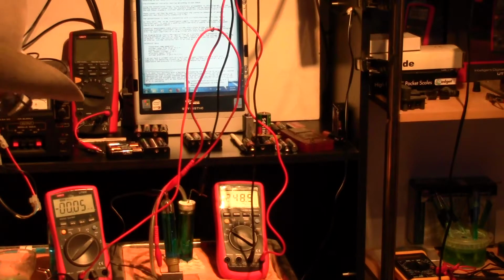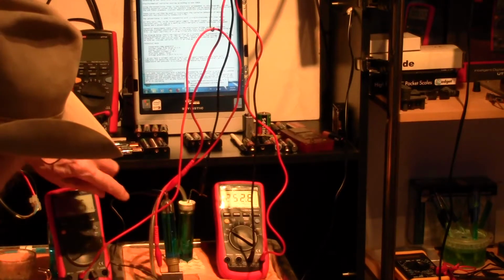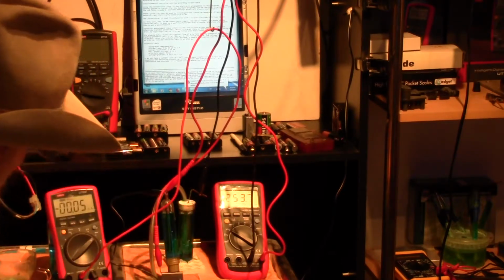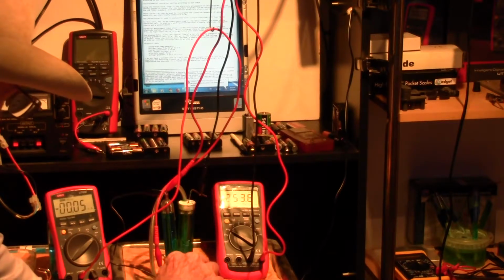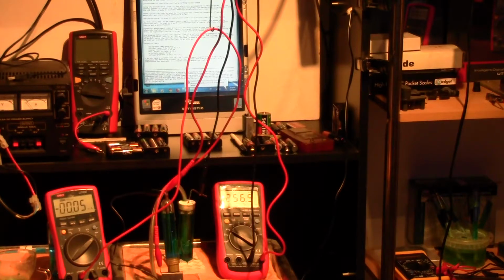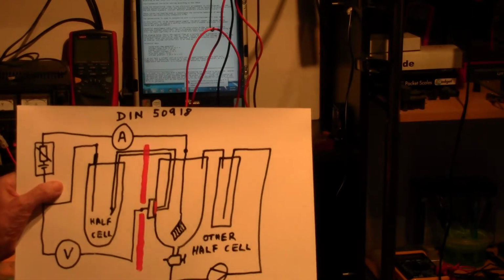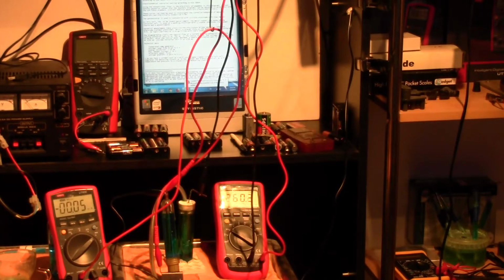That is the pH which we can measure of the electrolyte, which is here, which is in contact with the metal, which is the working electrode in this diagram, which is DIN 50918.